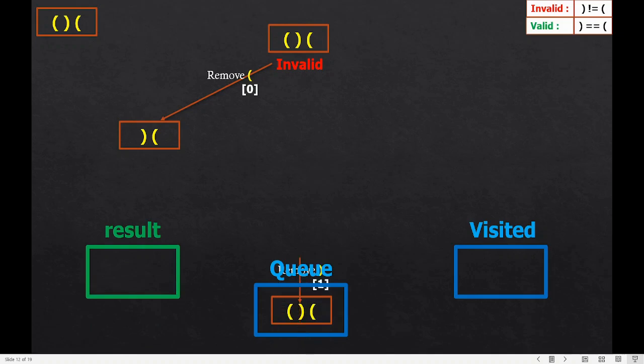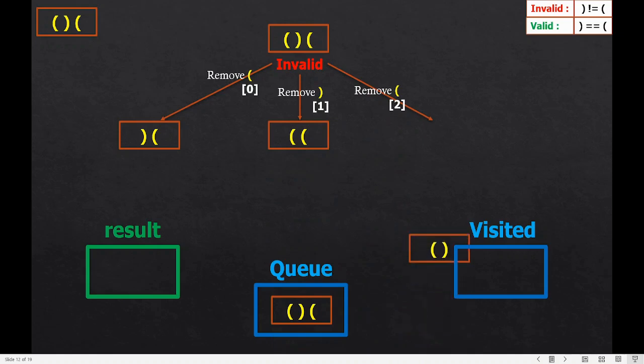Now if we remove the first index, we will obtain this, and if we remove the second index, we will obtain this. Now, as you guys know, we have completely visited the first state, that was the initial invalid expression.